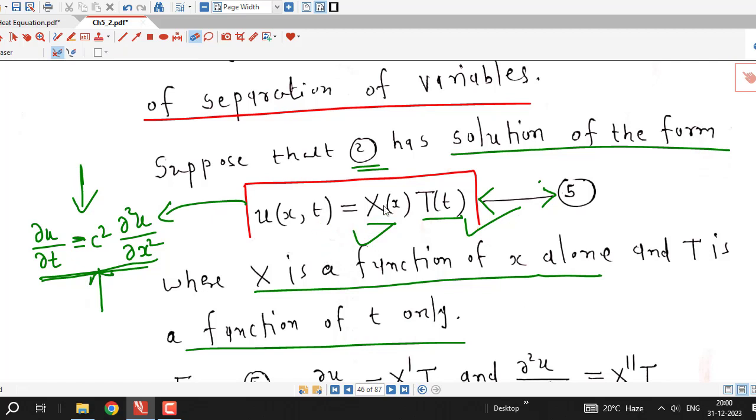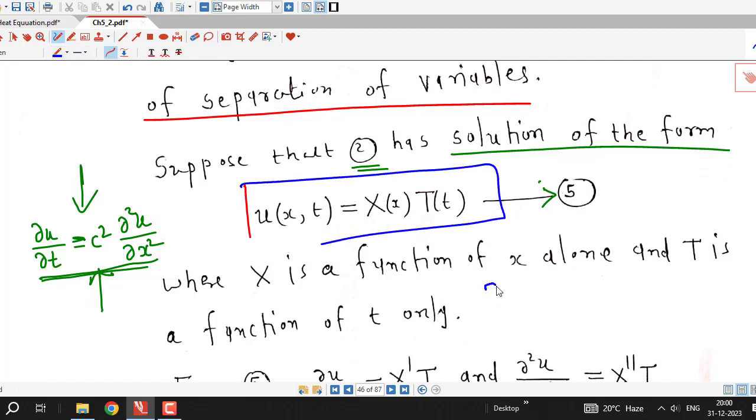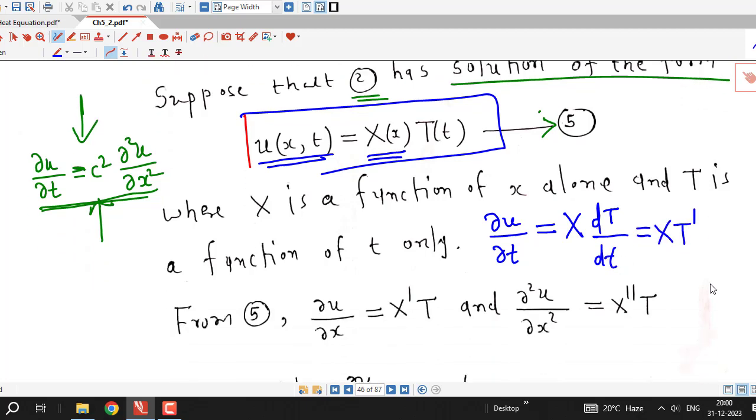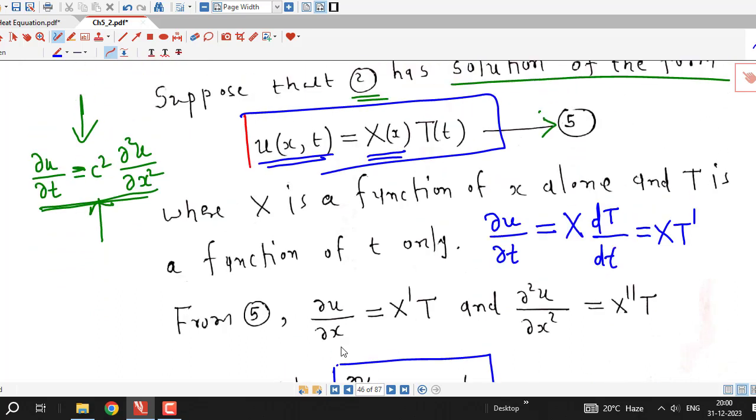So first I have to write down del u by del t and del u by del x from this expression. So here we can see del u by del t, that is partial derivative with respect to t. So we consider X as constant and derivative of capital T with respect to t, that we denote by T dash. So that I have written here, del u by del t equal to X times T dash.